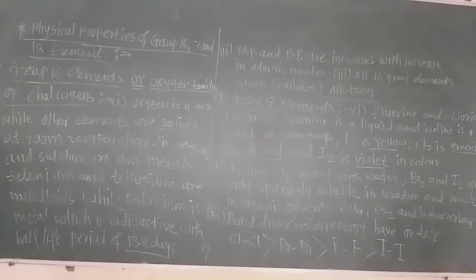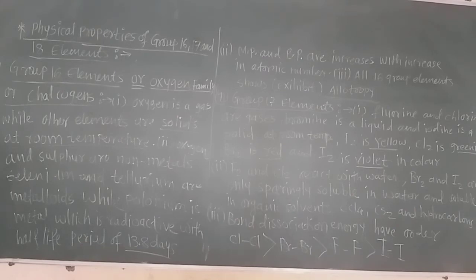Now come to the physical properties of group 17 elements. In group 17 there are fluorine, chlorine, bromine and iodine. All the halogens come into the group 17 elements. Now fluorine and chlorine are gases.